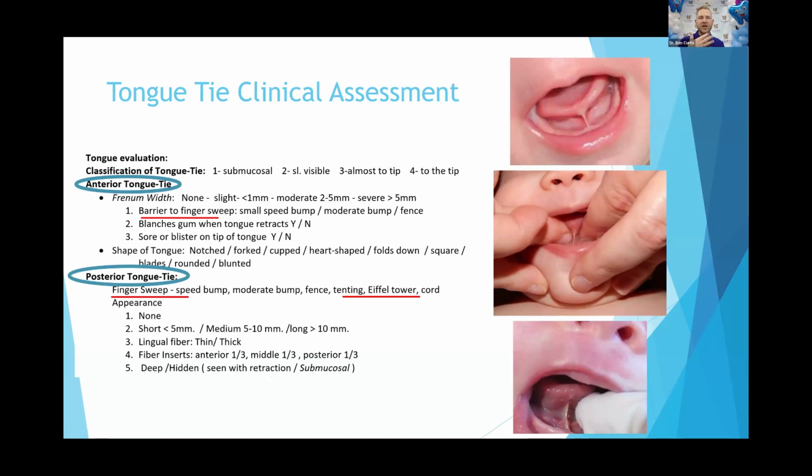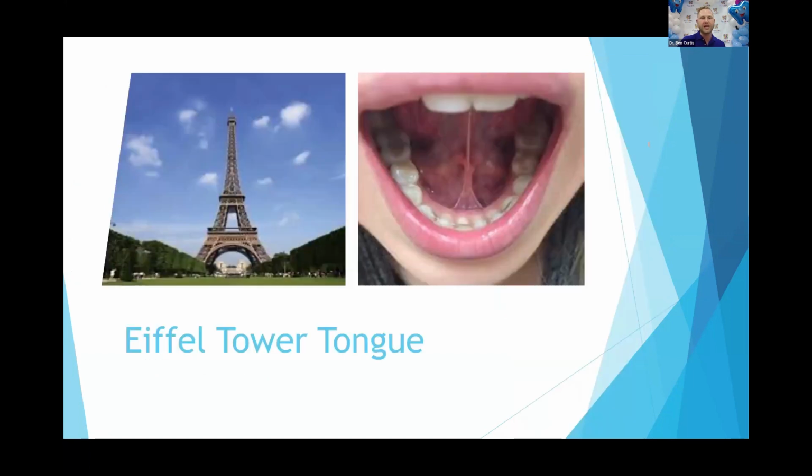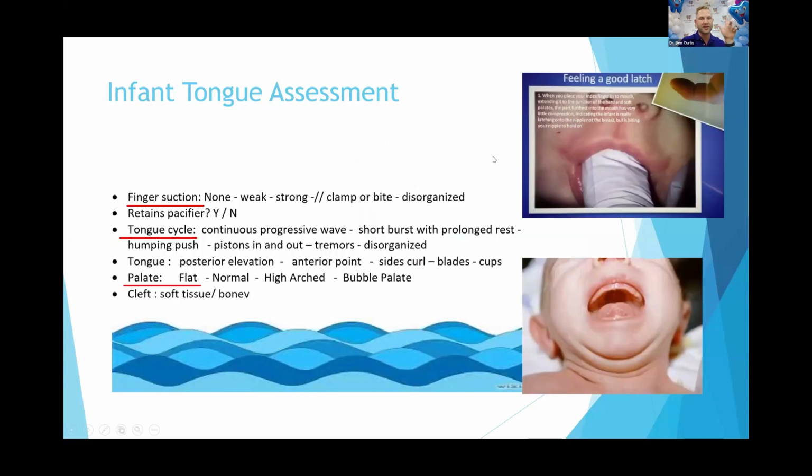So how severe is the tightness when I rub my finger under the tongue? We want to make sure that we're describing these things, we're documenting these things. Here's that kind of classic Eiffel Tower. Once you see it, you can't unsee it, but normally the salivary glands are buried in the middle. Once again, in a nutshell, our frenectomy is to release the tongue from the floor of the mouth, and the salivary glands reside in the floor of the mouth.